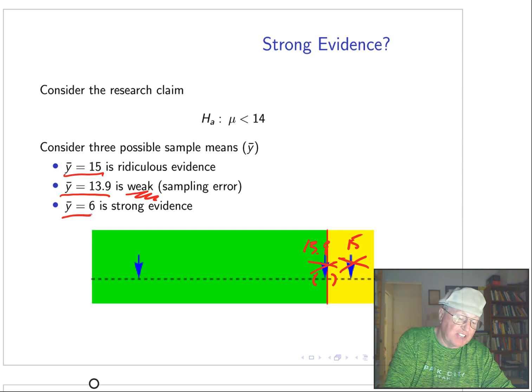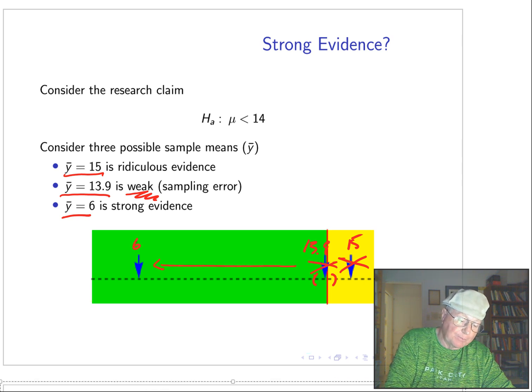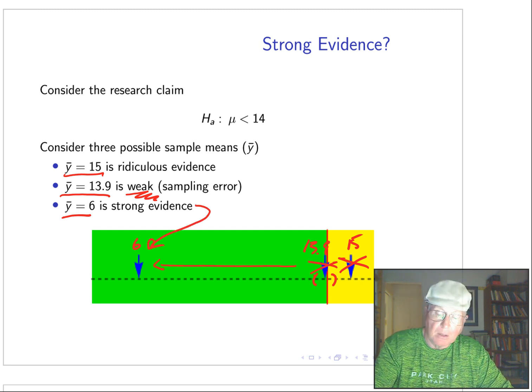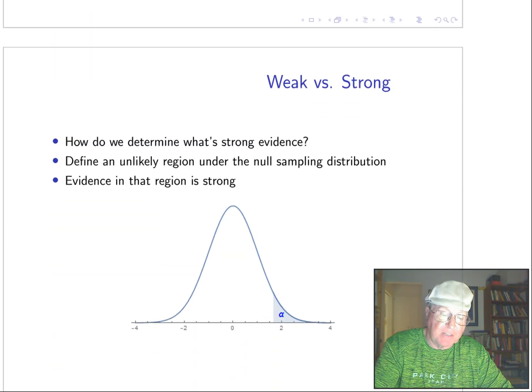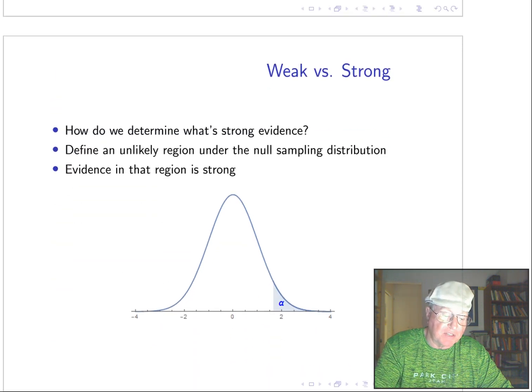What about 6? 6 is a lot smaller than 14. This is a long distance. And so this is strong evidence. But that seems a little bit arbitrary. So how do we determine the difference between weak and strong? So how do we determine what's strong evidence?